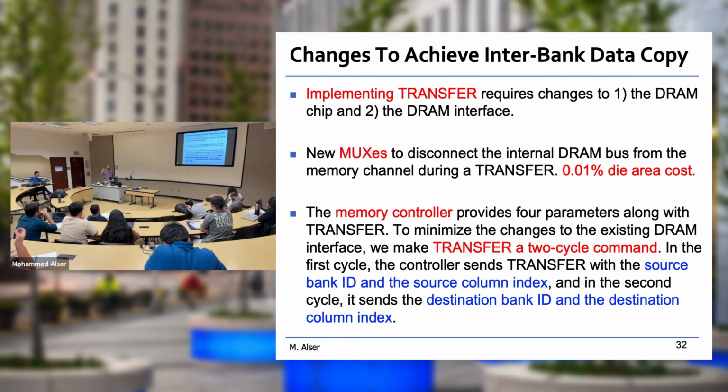So we need to send in the next clock cycle where to receive that column. So every time we want to copy a column, we have to send two transfer commands. One of them with the column ID where we need to get that column, and the other one where to send that column. Okay, that's between the banks. But we don't have to use the transfer command if we want to copy the rows within the subarray itself.